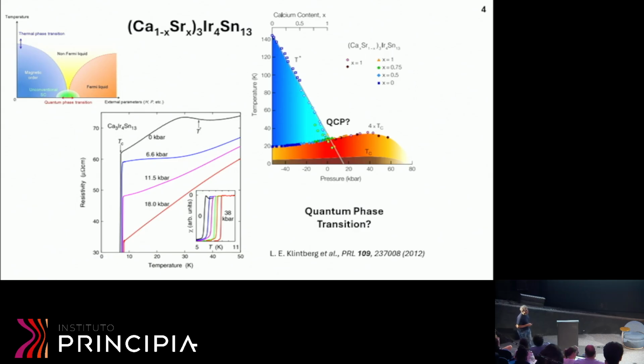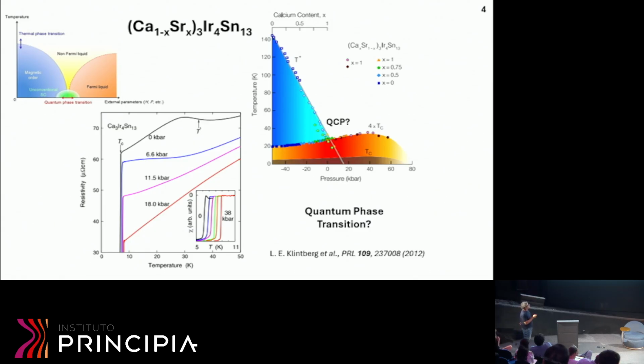Some years ago, there was work on this 3D material, calcium strontium iridium tin, where they doped and applied pressure, and looked at the electroresistivity as a function of temperature for different pressures. They see the suppression of this kink in the electroresistivity, and they assign this as the suppression of the charge density wave.